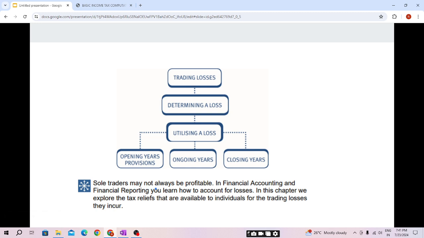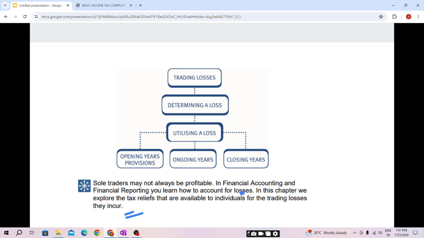Sole traders may not always be profitable. In financial accounting and financial reporting, you learn how to account for losses. In this chapter, we explore the tax reliefs that are available to individuals for the trading losses they incur. So students, we have already covered the losses under the IS and IFRS, under financial accounting, and how we will deal with it.